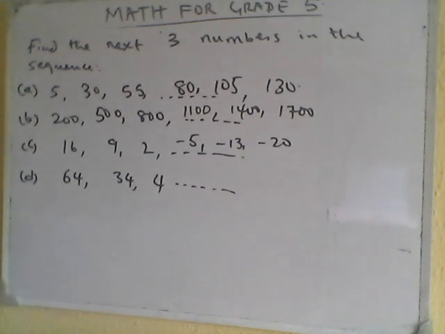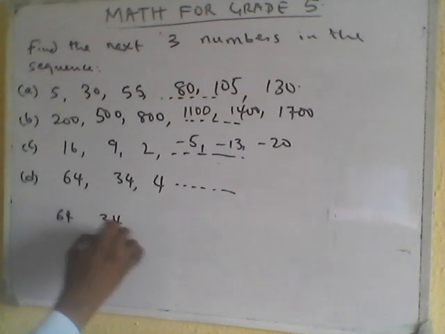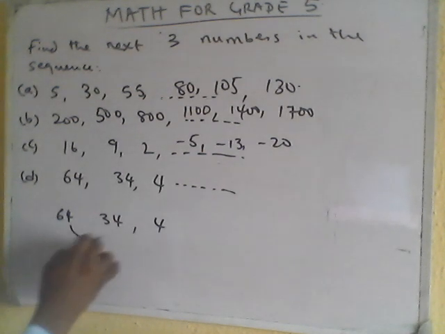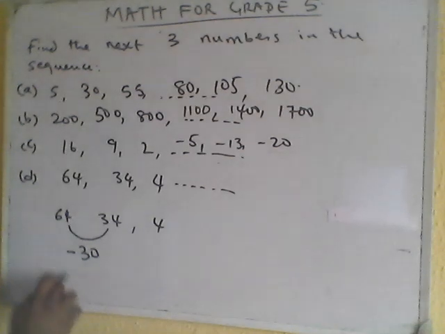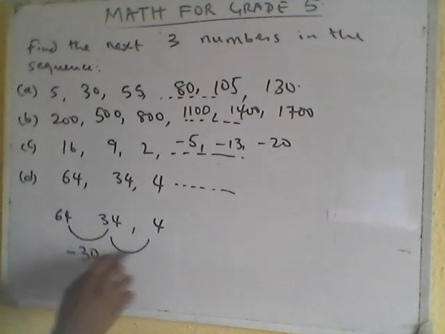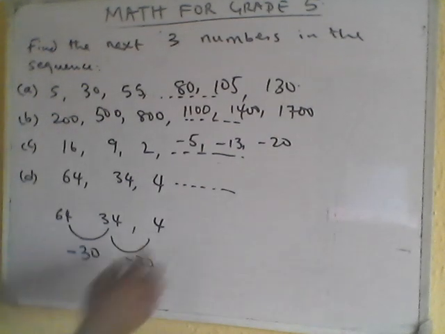So if you look at this, it is 64, 34, and the 4. The difference between this and this is 30, because 64 minus 34 is 30, so minus 30. The same thing again, the difference between this and this is minus 30. So that means you must be decreasing by 30.